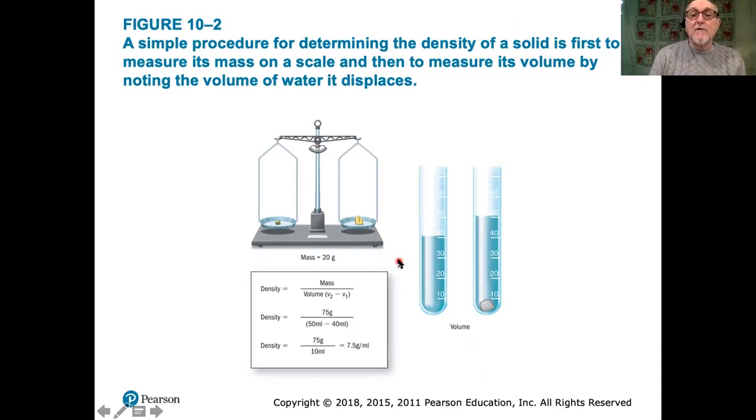The first thing we're going to do is measure its weight, its mass. We're forgetting for the moment that mass and weight aren't exactly the same. We're just going to say that they're the same for the time being. So let's say we weigh it, and it weighs 75 grams.